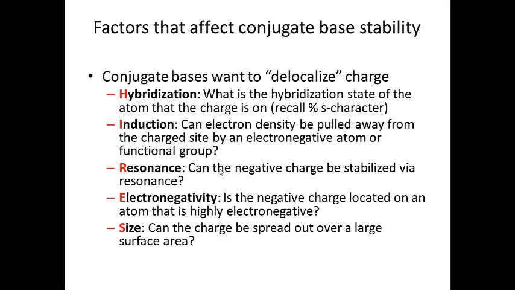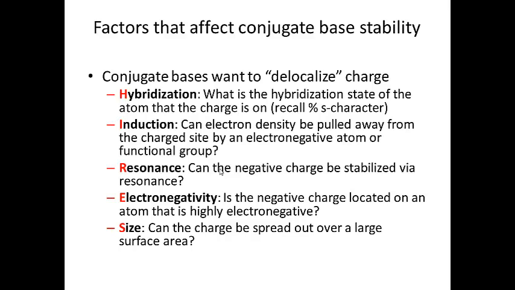They pick up a pair of electrons and many times become negative, so they want to take that negative charge and delocalize it, or remember, we talked about this term before, spread it out over as many atoms as possible through resonance, or put the charge on an electronegative atom, or use induction, or whatever means. The conjugate base stabilizes itself through many ways.